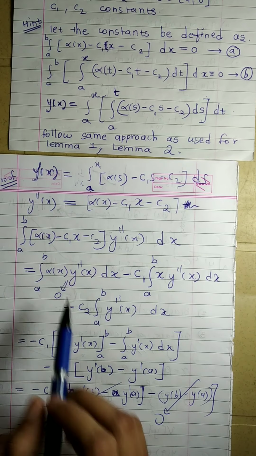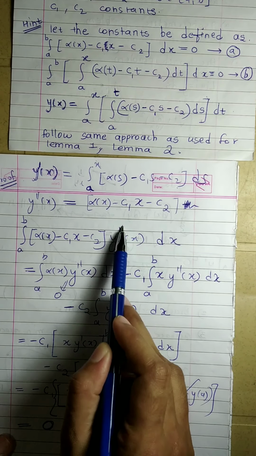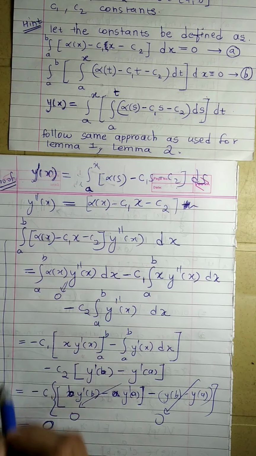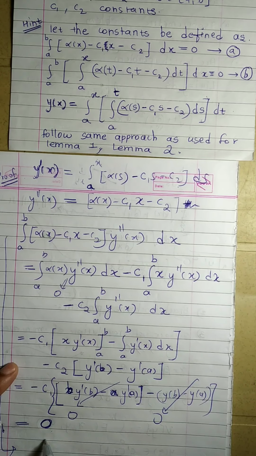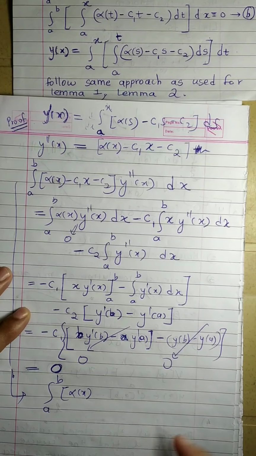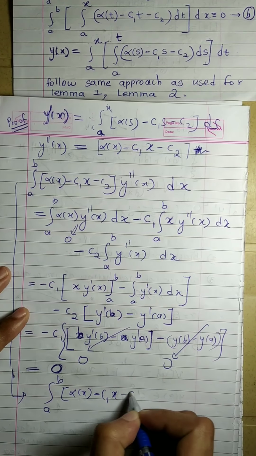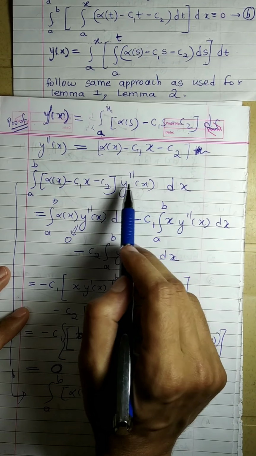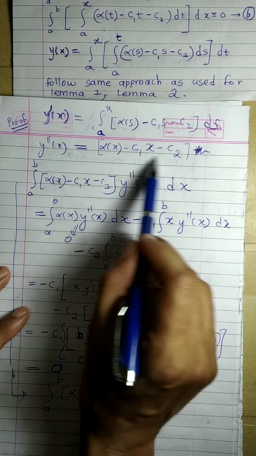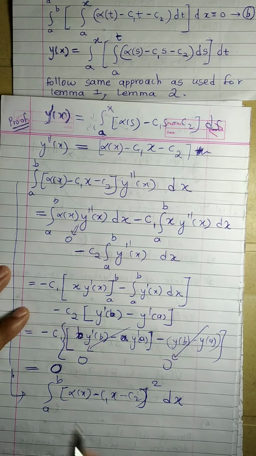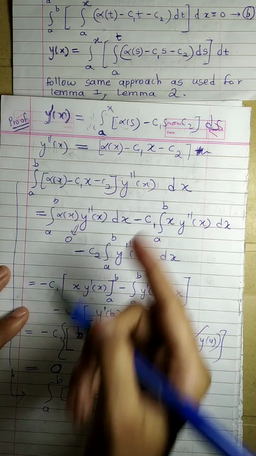Therefore what did we get? This into y double dash of x dx is equal to 0, but see that this is also equal to integral from a to b of (alpha of x minus c1x minus c2) into y double dash of x, but y double dash of x is what? This. So again we are getting this square dx, and that is equal to 0.